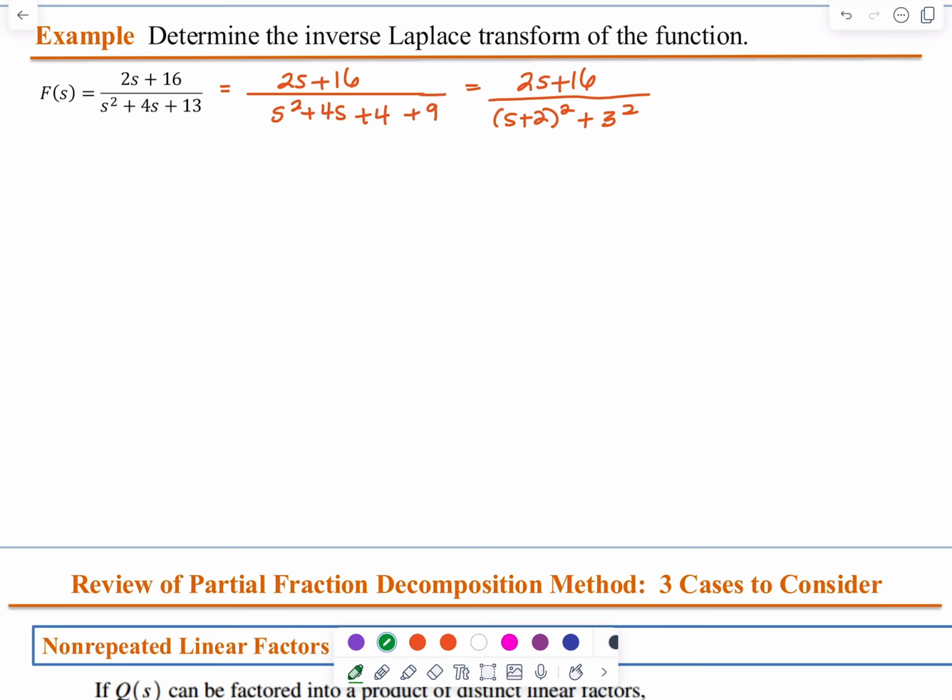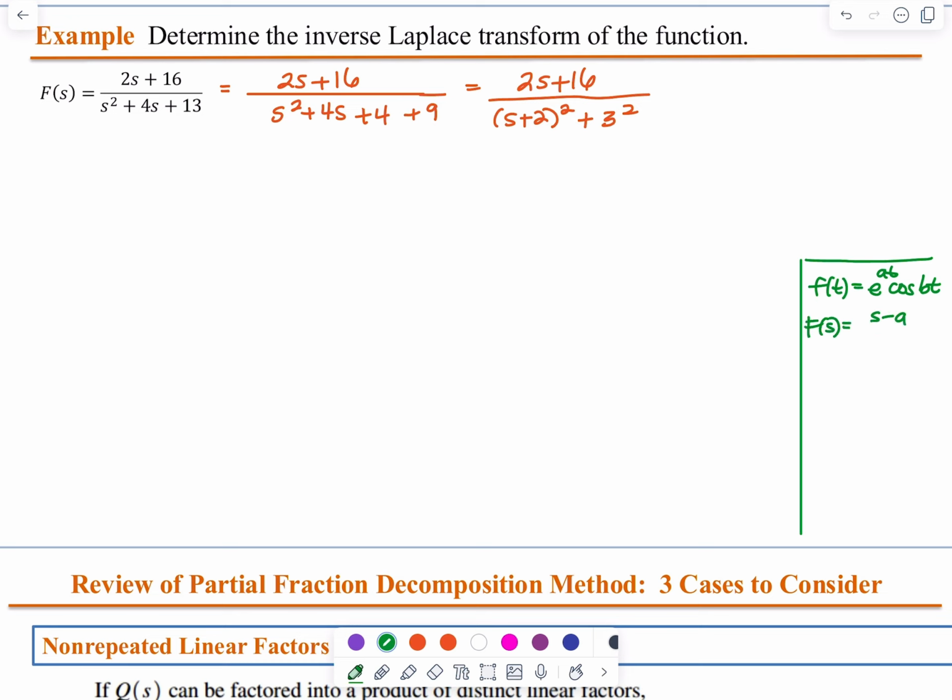Let me write down from the table 2 of the functions we are looking at. So if f of t is equal to e to the at cosine of bt, the Laplace transform is s minus a in the numerator.